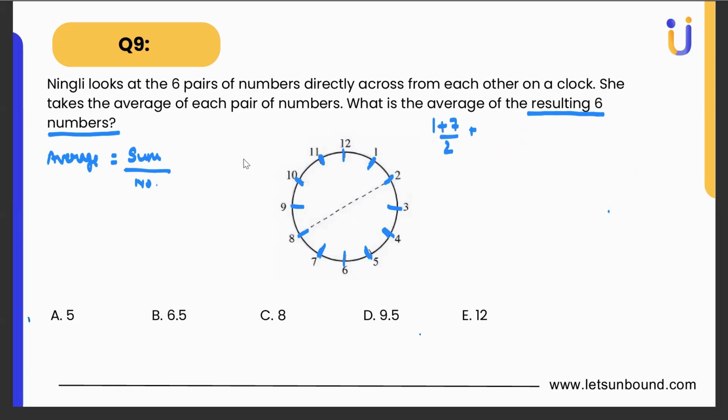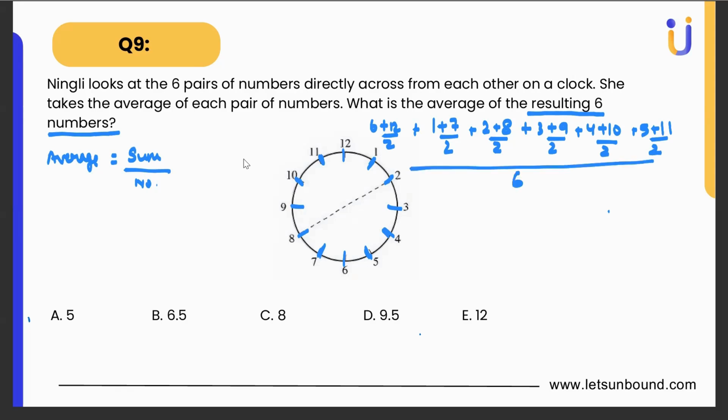Then I'm doing 2 plus 8 divided by 2. I'm doing 3 plus 9 divided by 2. 4 plus 10 divided by 2. And then again 5 plus 11 divided by 2. And the last one would be, I can write it in the front, 6 plus 12 divided by 2. Now these are my 6 numbers, right? And again, I have written an addition sign between all of them because I have to add all these numbers once over again, and then I have to divide it by 6.